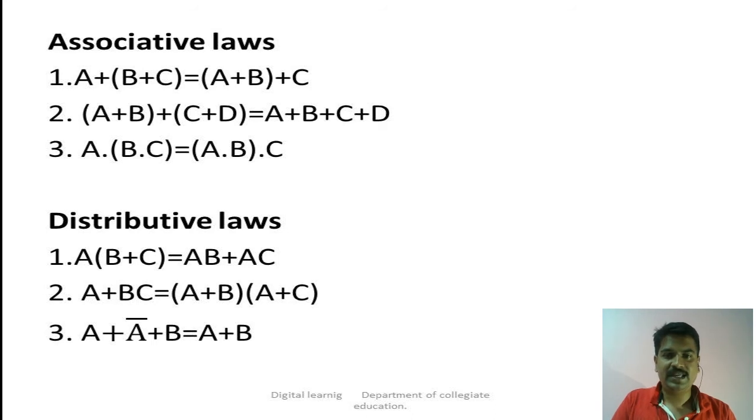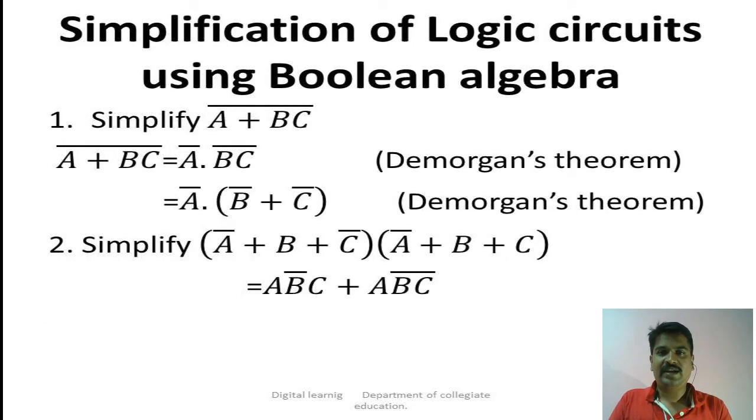A plus A bar B is equal to A plus B. So these laws are applicable for Boolean algebra as well. And also with the help of these fundamental laws of Boolean algebra as well as De Morgan's theorem, we can simplify any logic circuits using these laws.